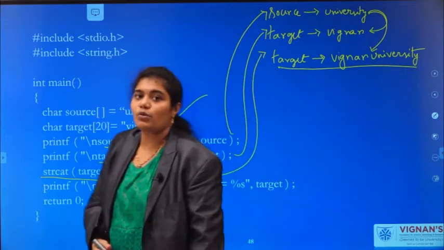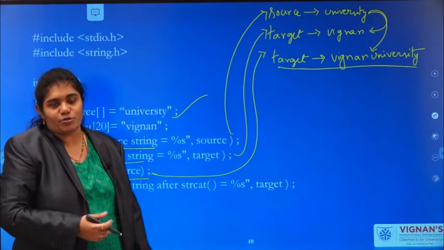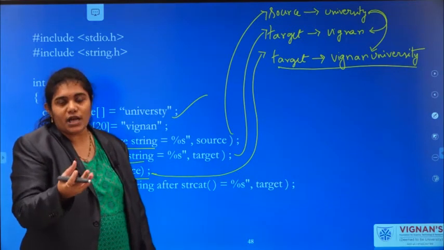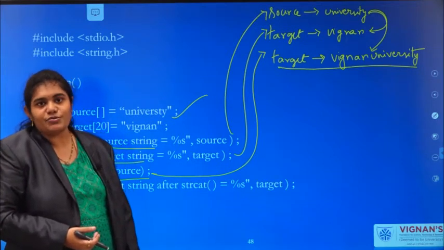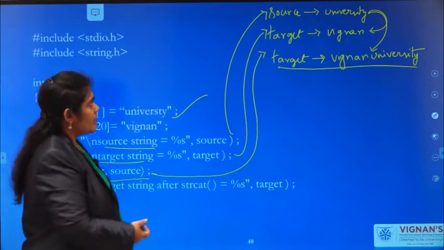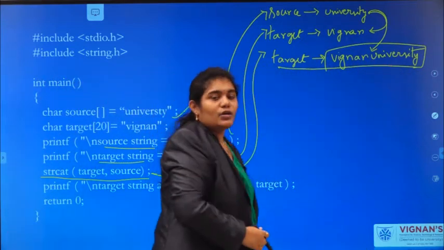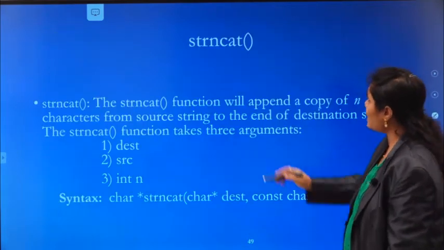So this is the way you can append your content from one string to another string. You can join your content. A copy of the source string will be appended to the destination string. This is the destination string we have right now: Vignan University.